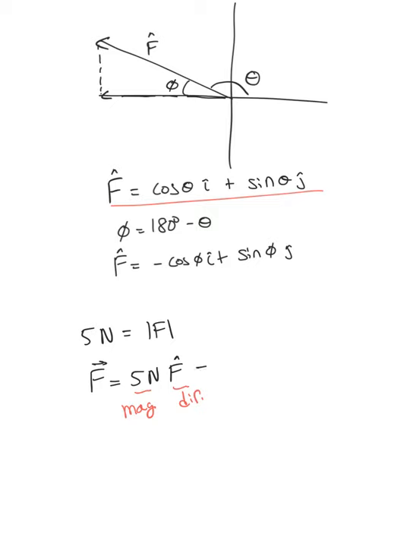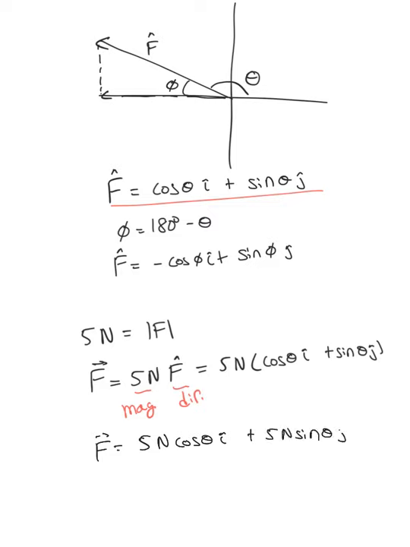If you multiply these together, this looks like 5 newtons multiplied by the cosine of theta i hat plus the sine of theta j hat. And multiplying this out, I get that F vector looks like 5 newtons times the cosine of theta i hat plus 5 newtons multiplied by the sine of theta j hat.